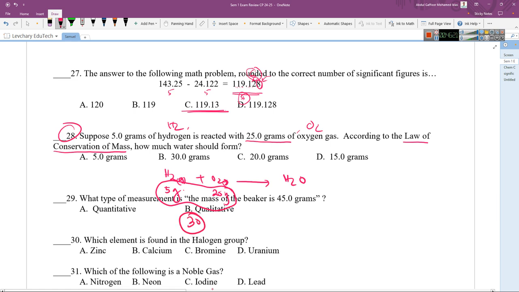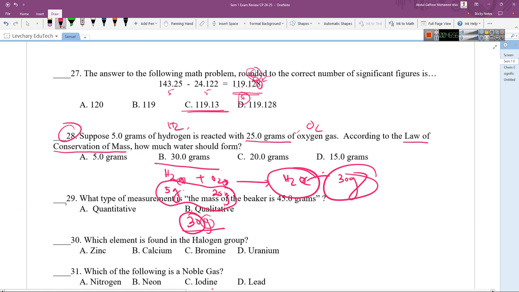So 30 grams of water should be produced, which means the mass of the product should be equal to the mass of the reactants. Since we have 30 grams of reactants, the water that we produce should have 30 grams. So the answer is 30 grams, B, right? 30 grams of water should be formed.